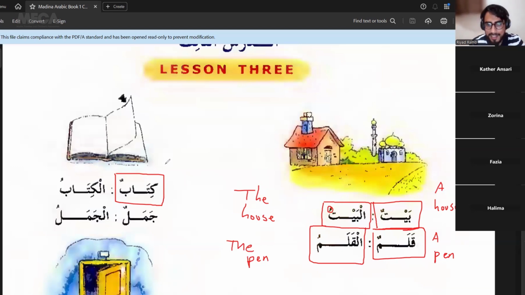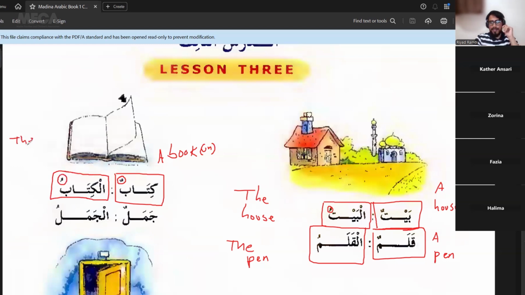A book, kitabun. Remember, un. Good. Kitabun. Now, how do I say the book? Al-Kitabu, the book.